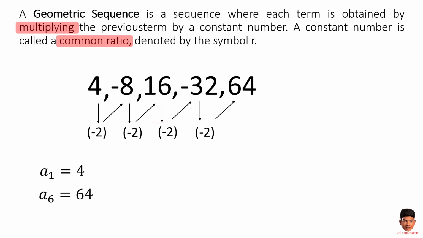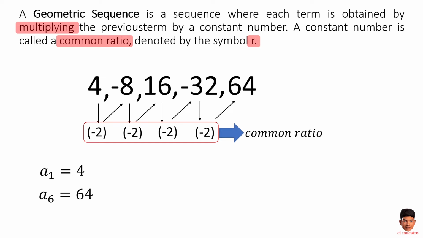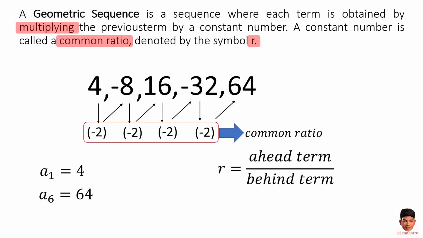Let's go back to the common ratio. This is the common ratio. Paano ba kukunin yung common ratio? Since common ratio yung isosolve natin, based sa definition, it is denoted by letter R. So, R is equal to ahead term divided by behind term.